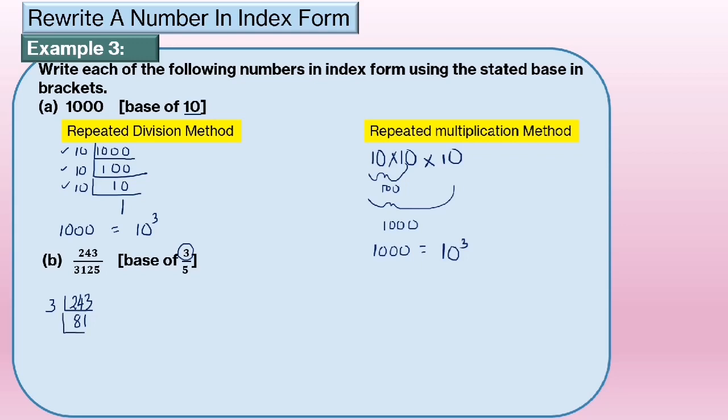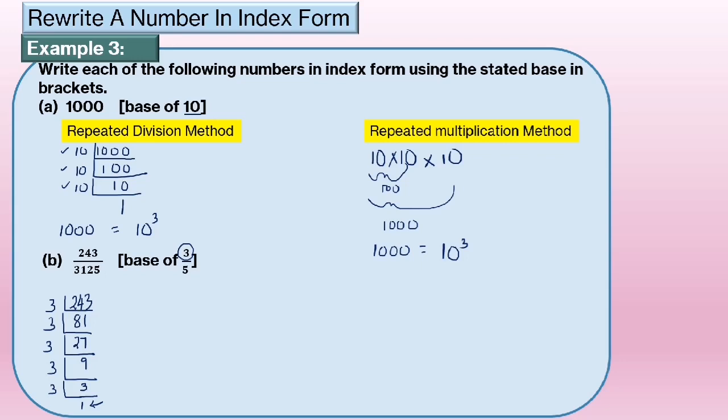And again, 81 divided by 3, you will obtain 27. 27 divided by 3, you will obtain 9. And 9 divided by 3 is 3. 3 divided by 3 equals 1. So you must remember, if you use the repeated division method, you must divide until the bottom is number 1.